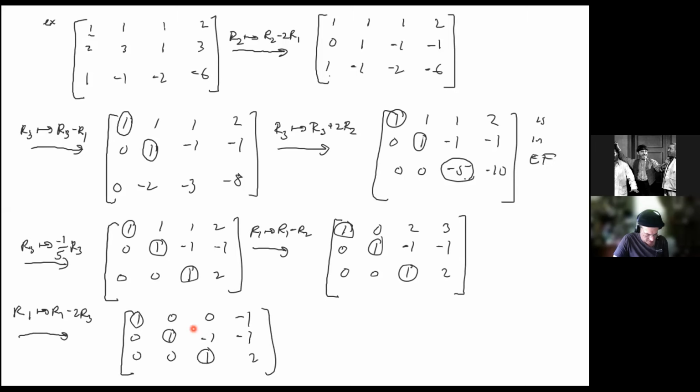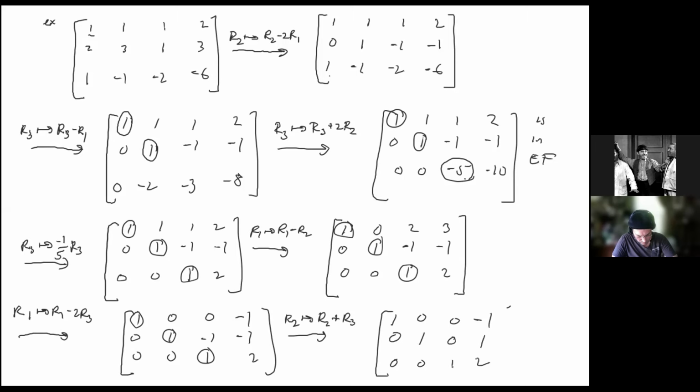And I can do that simply by replacing row 2 by row 2 plus row 3. Oops, that plus was not a good plus. So what do I get when I do that? I get 1, 0, 0, minus 1, 0, 1, 0, 1, and then 0, 0, 1, 2.